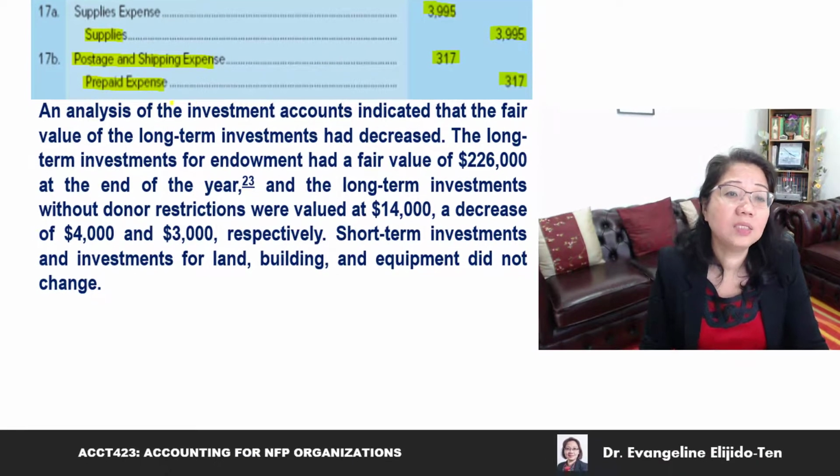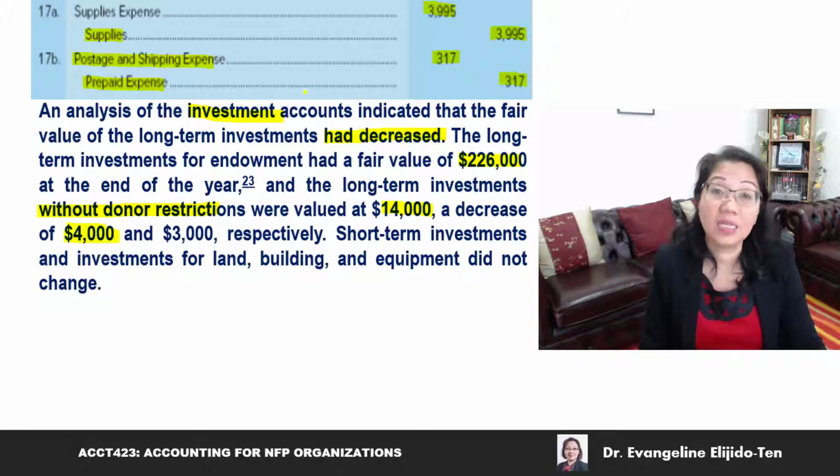Now, an analysis of the investment accounts indicated that the fair value of the long-term investments had decreased. So the long-term investments for endowment had a fair value of $226,000 at the end of the year, and the long-term investments without donor restrictions were valued at $14,000, a decrease of $4,000 and $3,000 respectively. So short-term investments and investments for land, building, and equipment didn't change.